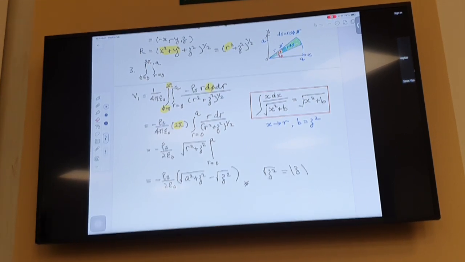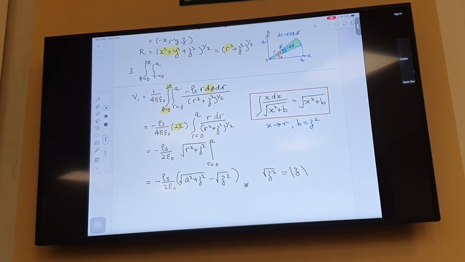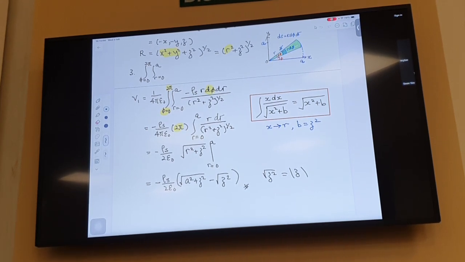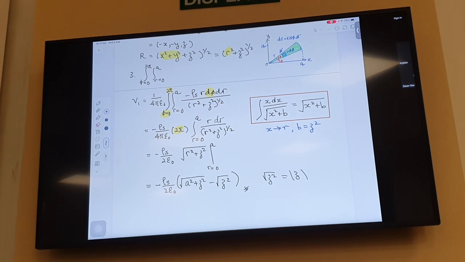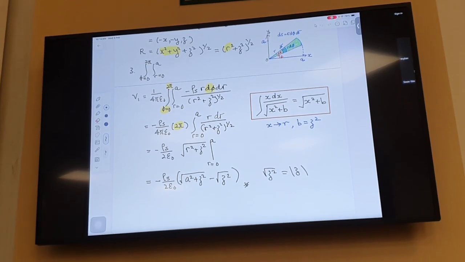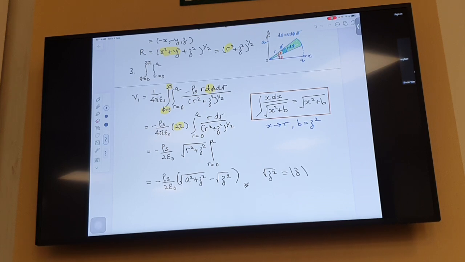So when you evaluate these integrations, you substitute r equal to a, you get square root of a squared plus z squared. Substitute r equal to 0, you get square root of z squared. So when you try to compute the numerical value, don't write square root of z squared equal to z. Remember that this is basically the distance measured from the origin.